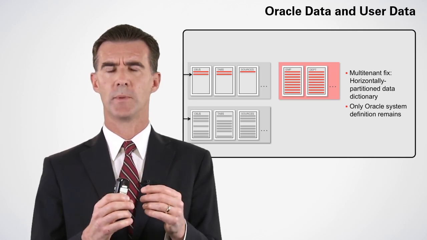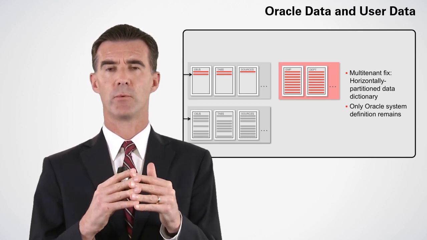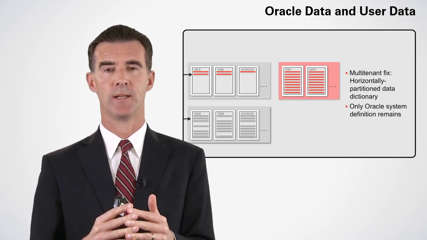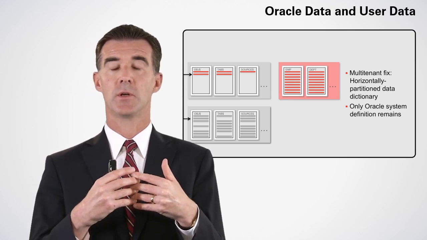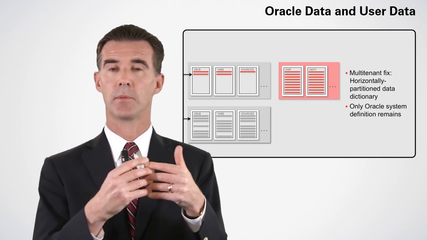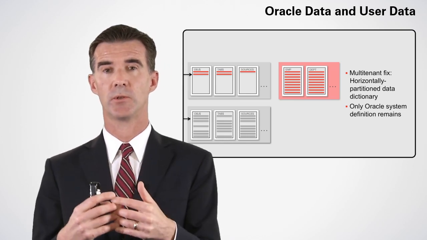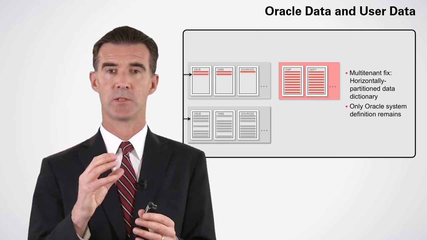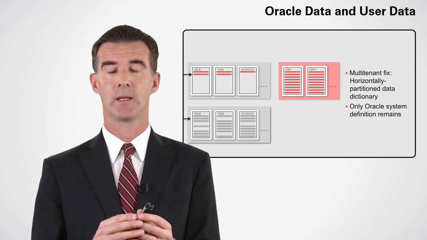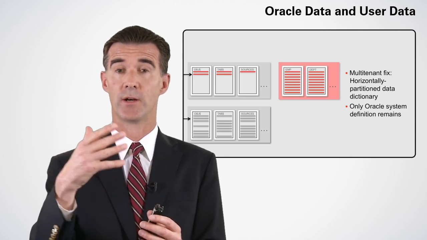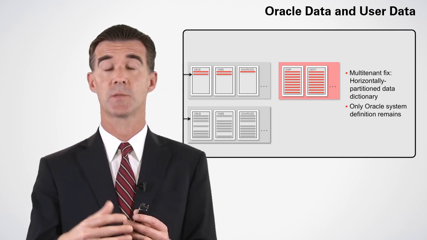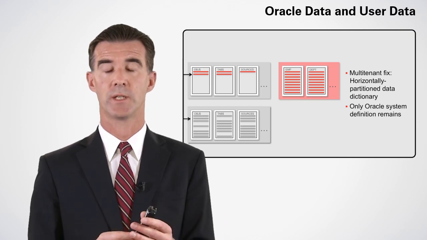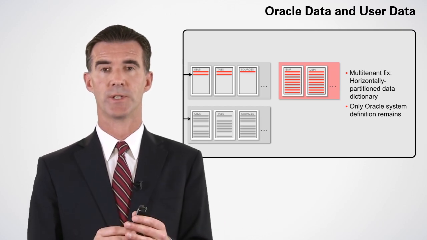Not strictly true, because to be able to deliver on something we call the PDB non-CDB compatibility guarantee, that is that you can't tell the difference between a pluggable database and a non-CDB, the old architecture, we need to be able to support the situation where a customer might do a query against the data dictionary. And they'd expect to see definitions of their own self-defined objects, but they'd also want to see the definition of the Oracle objects just as they would in a non-CDB, a database in the old architecture.